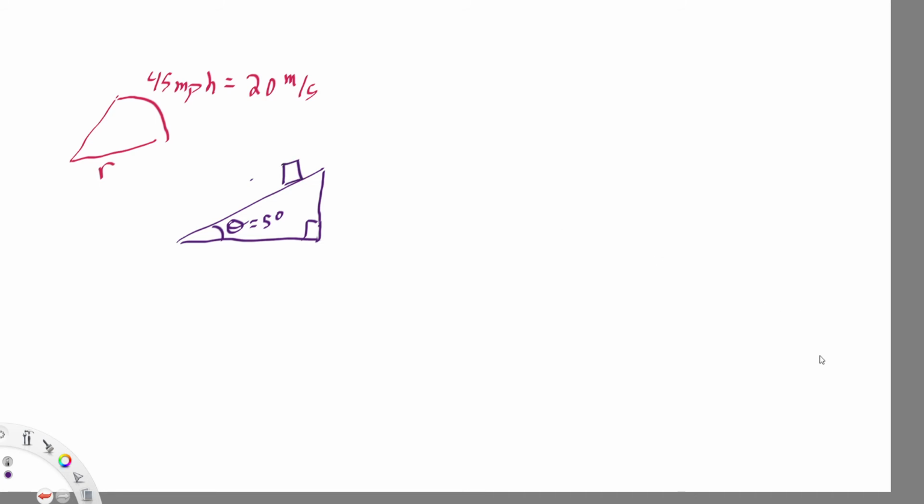There's your car, again viewed from behind. And if we draw in our forces, same forces. We're just tilting them a little bit now.